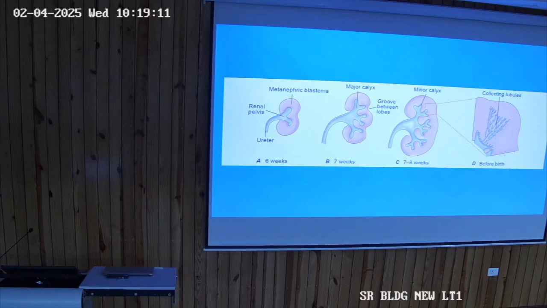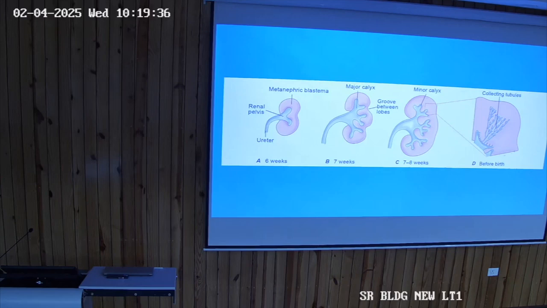So as the ureter starts dividing and collecting ducts form, it now induces the metanephric mass, so that its cells form vesicles, then they form S-shaped tubules which elongate. The end which is surrounding the tuft of capillaries, which is derived from the aorta, is going to form the proximal convoluted tubule.